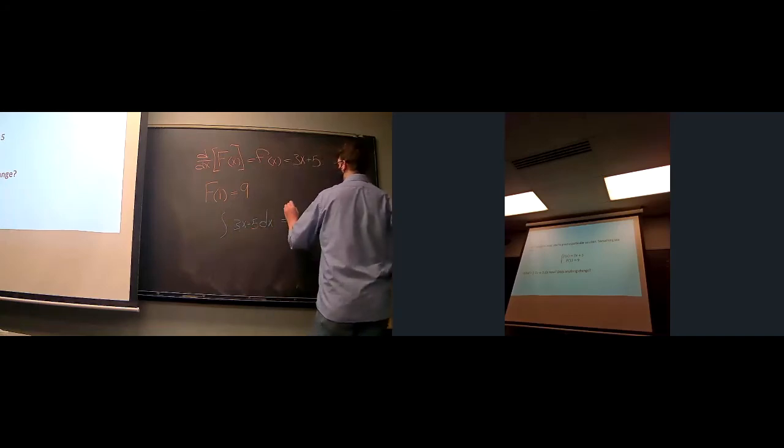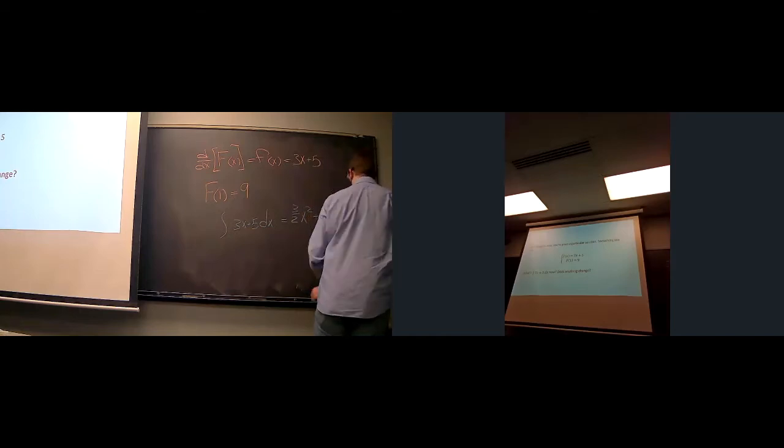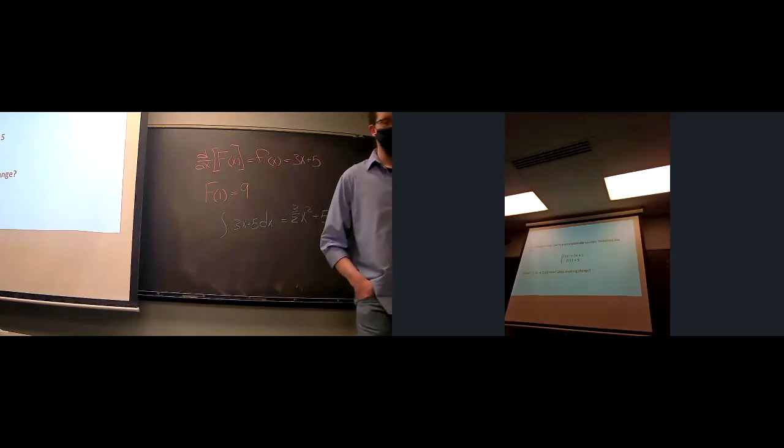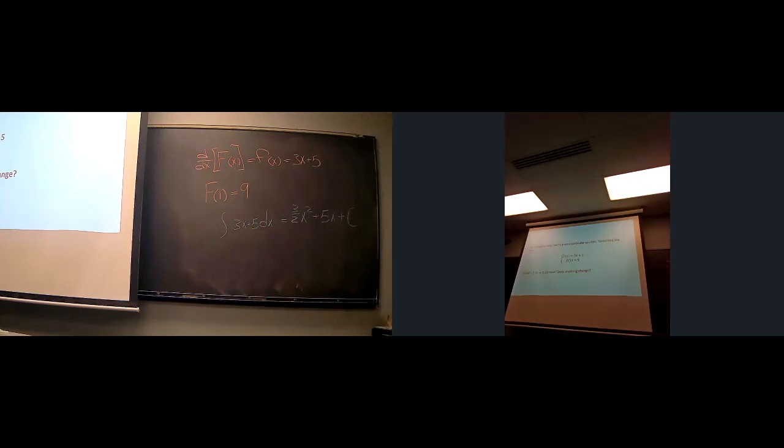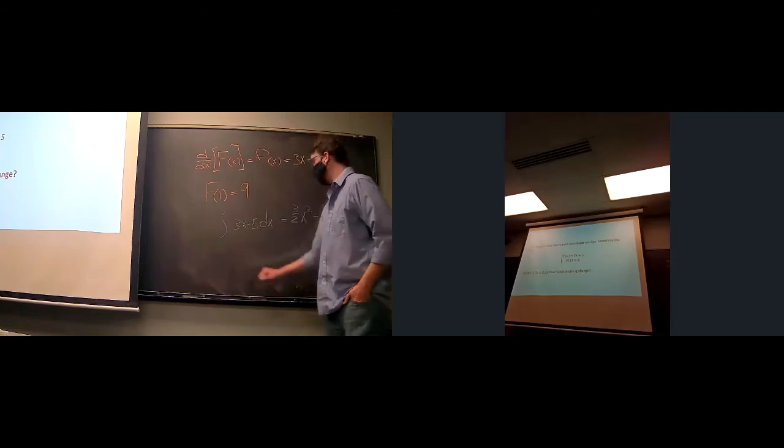This is going to come out to be 3 over 2 x squared plus 5x plus some constant, right? Now, what we're going to say here is that this thing, all of it, is equal to f of x.